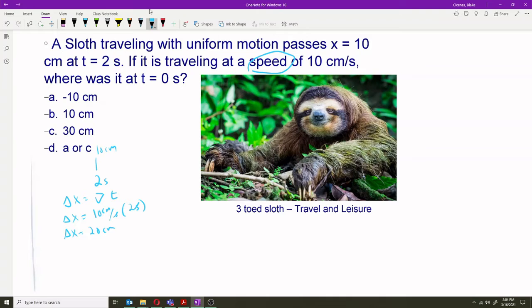So it could be 30, or it could also be at negative 10, because we don't know what direction it was going. We just know it passed at 2 seconds going at 10 centimeters a second. And that's a speed, not a velocity. So the answer is actually going to be D, A or C. It'll have 2 answers. Or if I didn't offer that, it was not enough information to solve the problem.